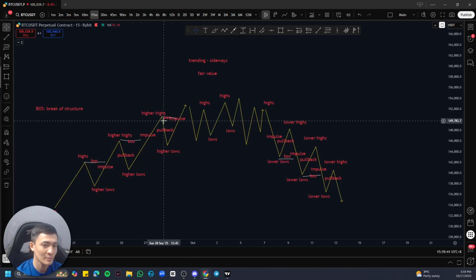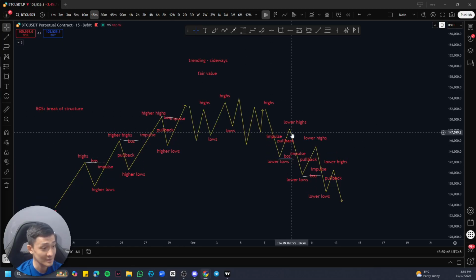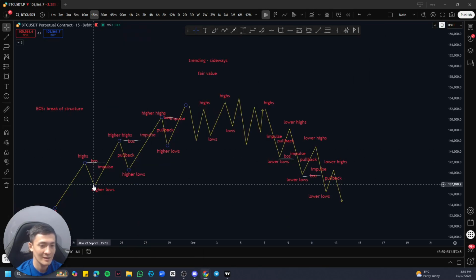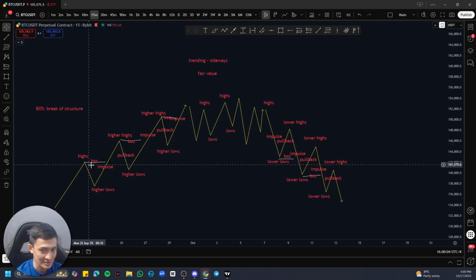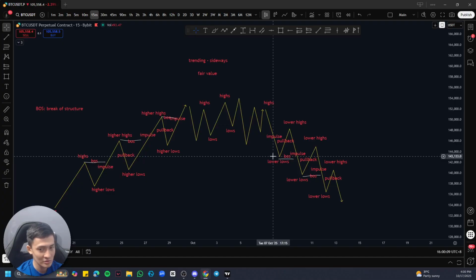In an uptrend, a pullback is when it moves down. In a downtrend, a pullback is when it moves up. This is more of a temporary move. And we've identified break of structure, which is when an impulse creates a new higher high in an uptrend by breaking the previous high. In a downtrend, the impulse breaks the previous low to create a lower low. This is a break of structure.